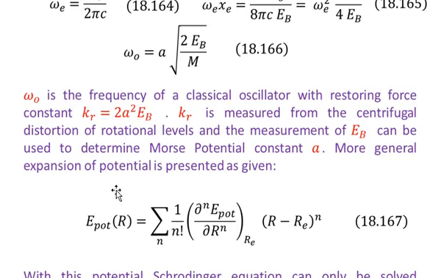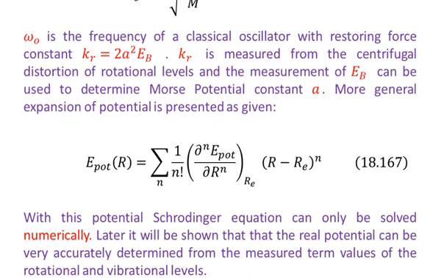A more general expansion of the potential is represented as given. You see that E potential as a function of R is equal to the summation over n of 1 over n factorial multiplied by the nth derivative of E pot with respect to R, evaluated at R equal to RE, multiplied by the nth power of R minus RE.